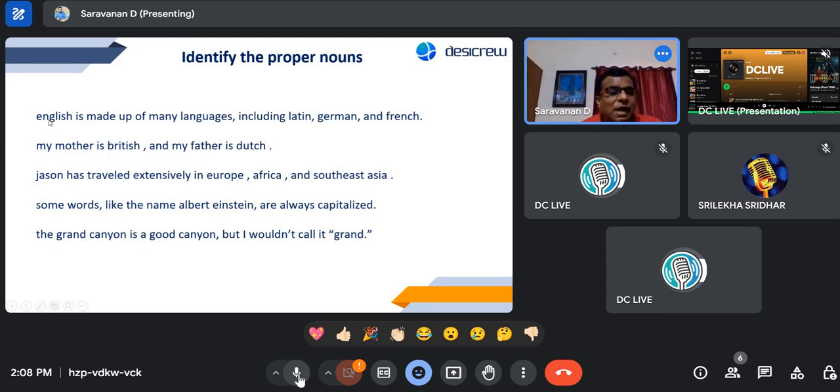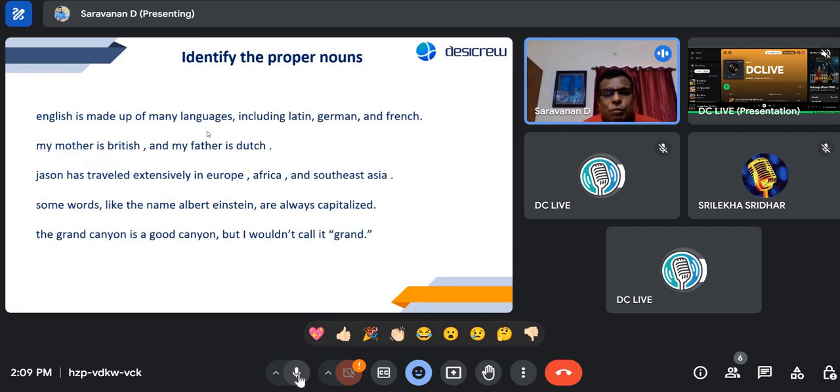Simple. Here, since it's a proper noun and it's starting at the beginning, great, English will be capitalized. But if it comes in the middle, will you not capitalize? You will still capitalize, right, Shakti? This is good for learners as well. No matter wherever a proper noun comes in, you will always capitalize it.